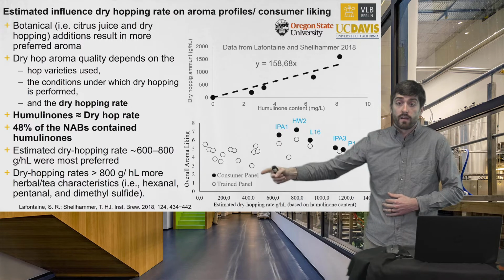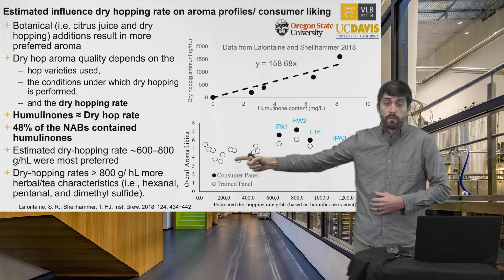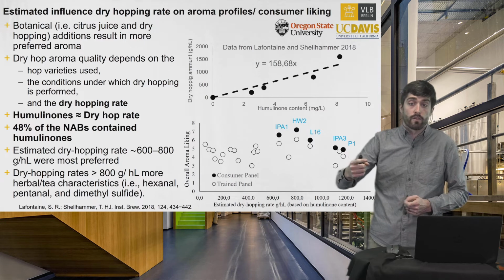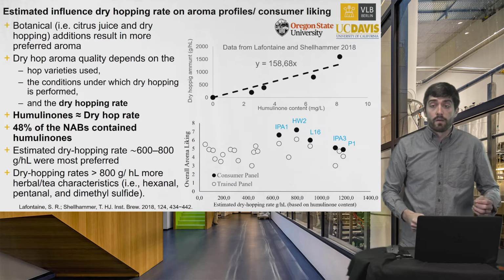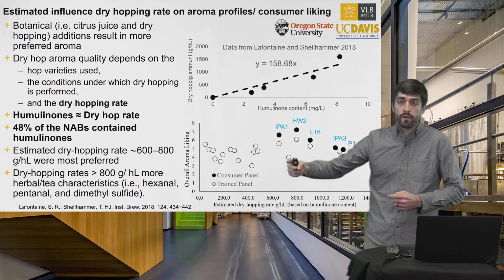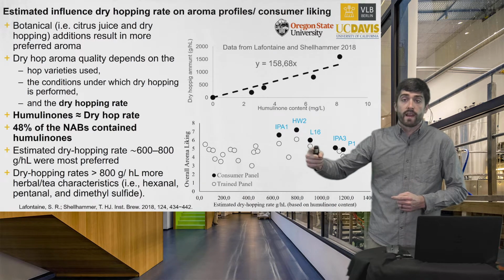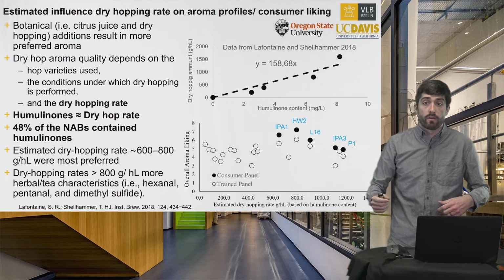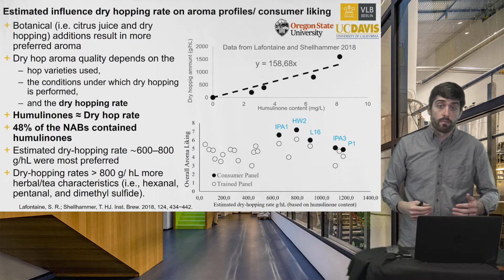And what you can see here is that going from 0 up to 1,200 gram per hectoliter, what we see is that you sort of get a peak here between 600 and 800. And then it starts to fall off past 800 in terms of consumer liking and the trained panel liking.